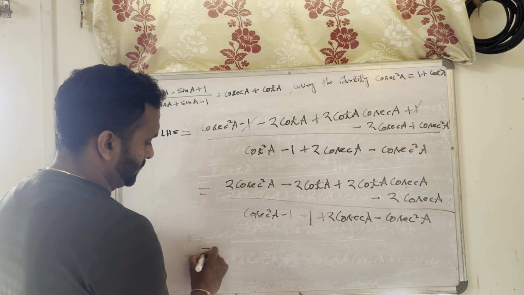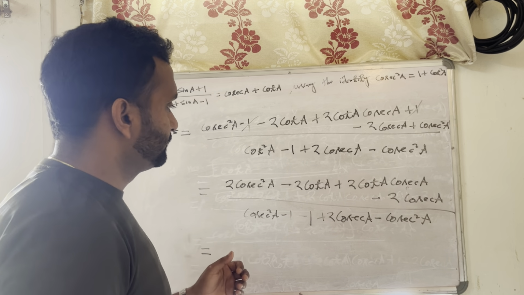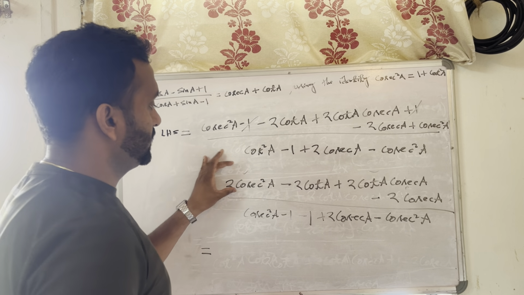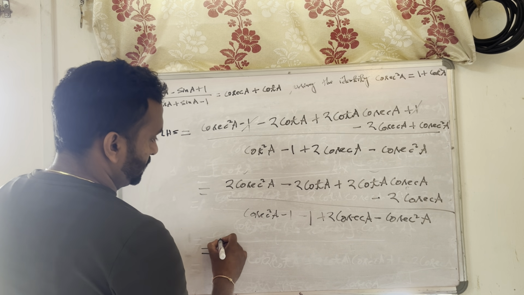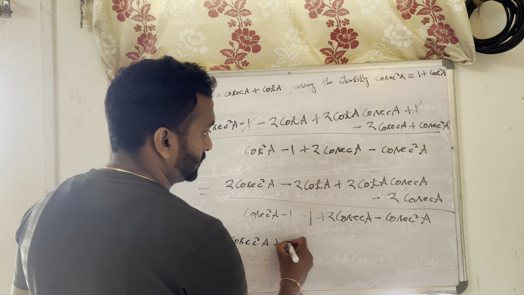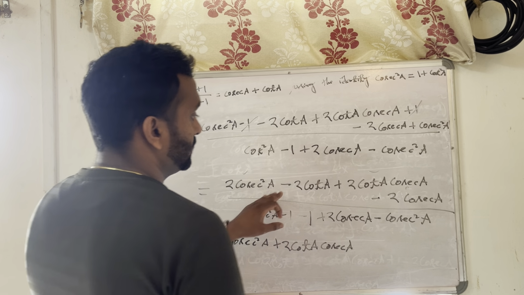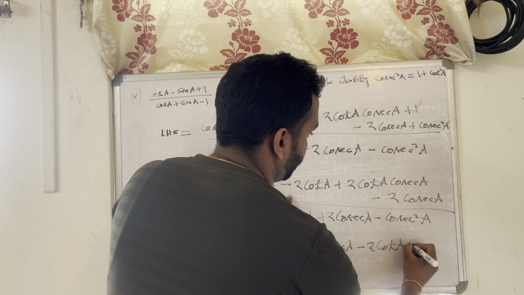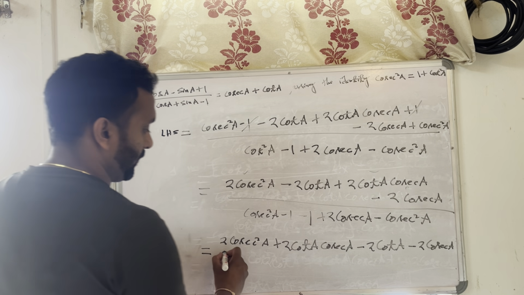look how much we're getting. What if I arrange this and this thing together and that two things together, so we can take something common on these two things. Let's do that first in the numerator. So writing 2 cosec square A plus 2 cot A cosec A together, then writing this thing also together, minus 2 cot A minus 2 cosec A together.